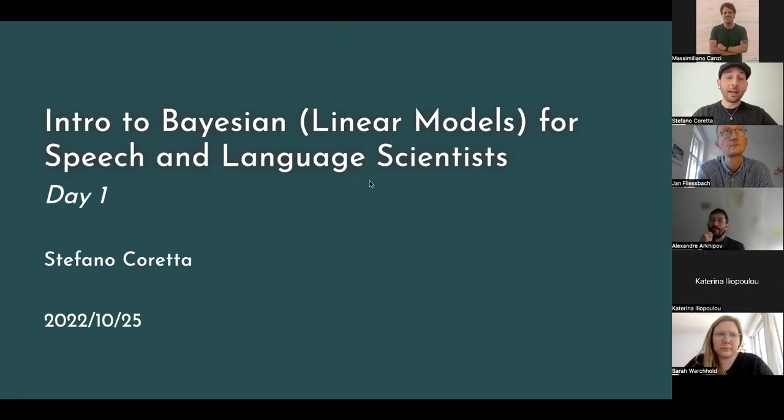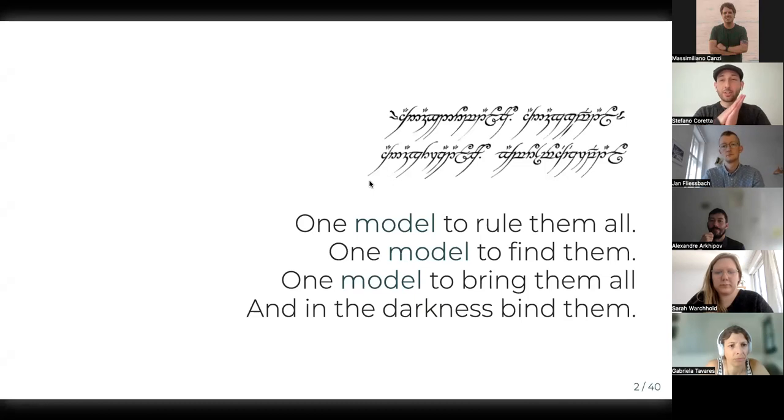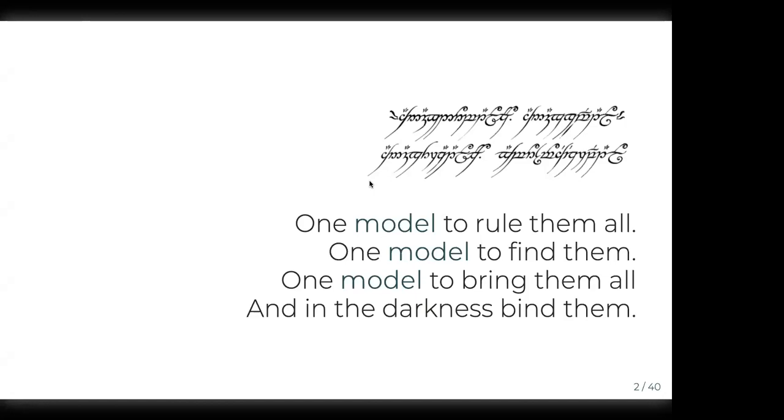Anyway, so as I mentioned, we're going to focus on linear models, and this is just a funny slide, a Lord of the Rings reference. But the idea is that by learning linear models more generally and Bayesian linear models more specifically, you can model all sorts of different types of data. So they become an easy to use go-to model that you can apply to a lot of different scenarios.